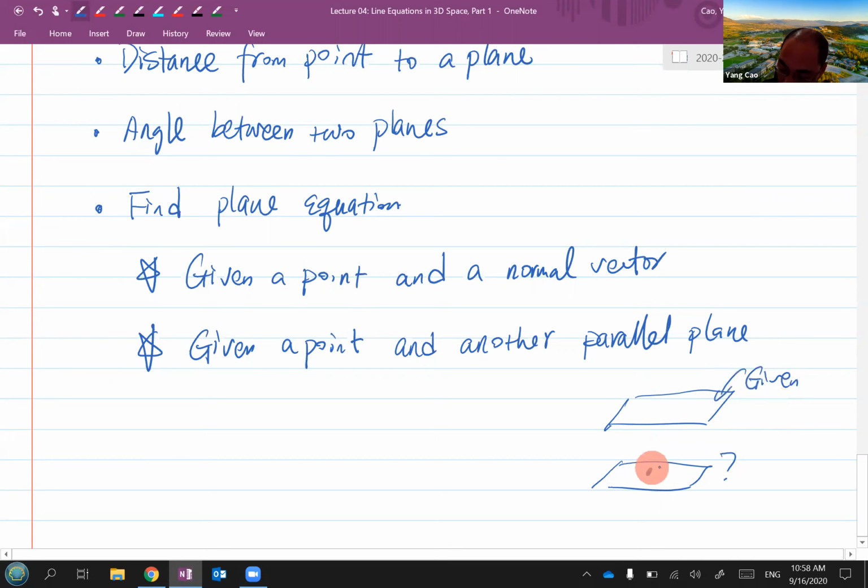You also have a point given, and you're looking for this plane equation. That's very straightforward too, because once you have the given equation, you get a normal vector, and this normal vector can be the candidate for the plane you're looking for. So then you can find this plane.